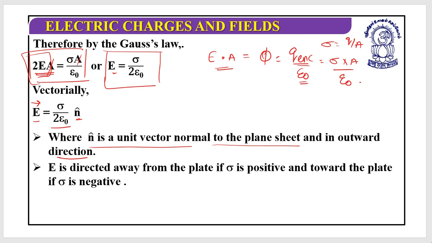When I consider the outward direction, I consider that sigma is positive. That means I have provided a positive amount of charge to the thin infinite plane sheet. E is directed away from the plate if sigma is positive, and it is towards the plate if sigma is negative.